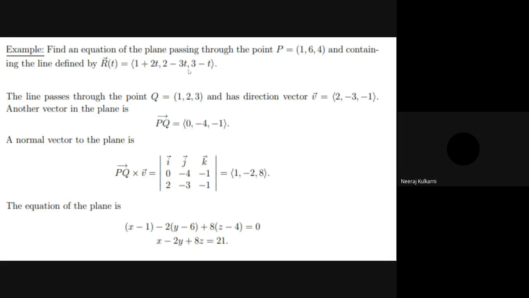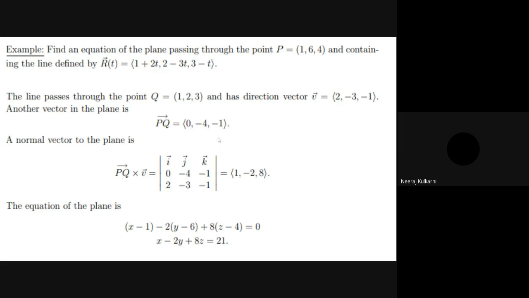From the line, we can get one point that lies on that line, which is (1, 2, 3), and the direction vector of the line is (2, minus 3, minus 1). So from the points P and Q, we can find a vector PQ, which will be (0, minus 4, minus 1). So basically we did Q minus P here.